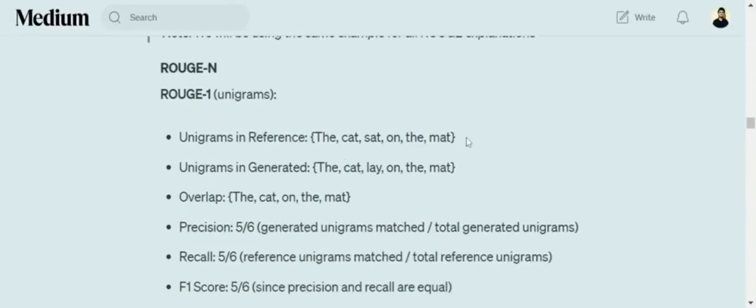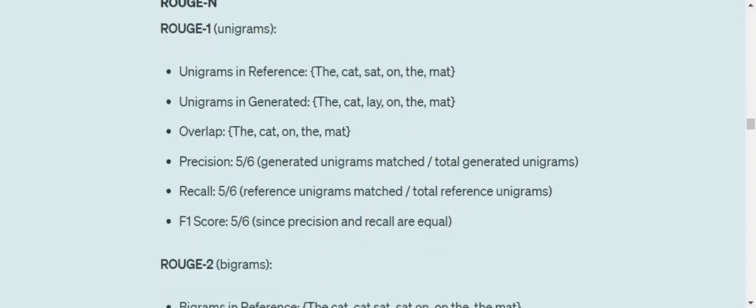Out of the six tokens for reference and generated text, the overlap is 5 words. Hence, precision is 5/6. Recall is 5/6. Do remember that for recall the denominator is total reference unigrams, where reference is the ground truth, while for precision the denominator is total generated, that is the predicted unigrams. And F1 score is 5/6 because you are taking the harmonic mean as we do in normal statistics. So ROUGE-1 is easy.